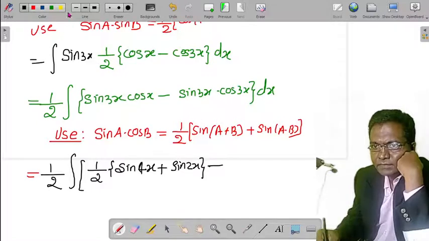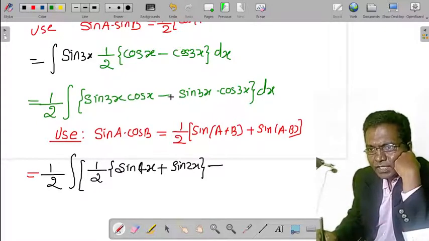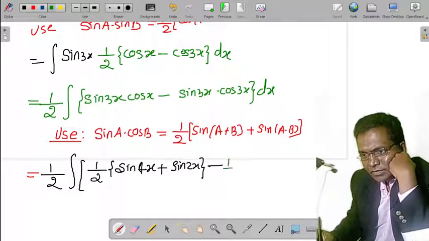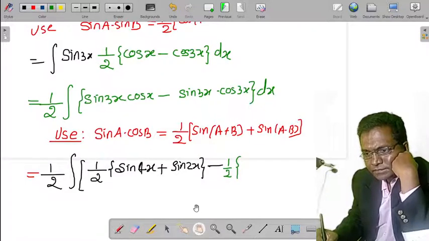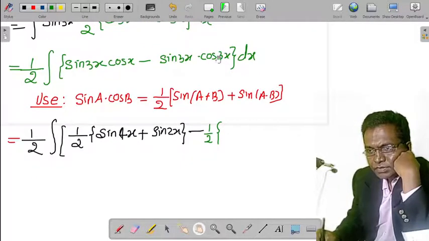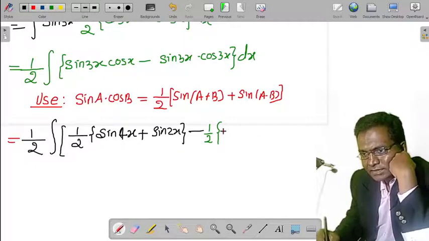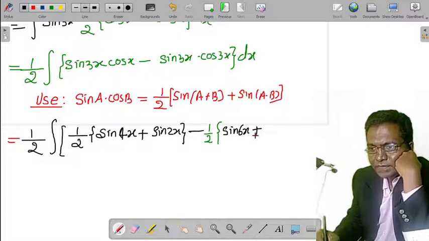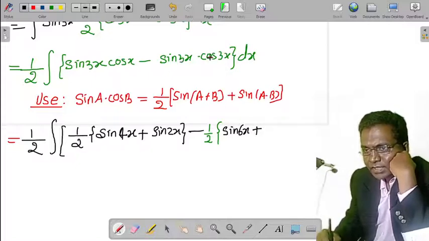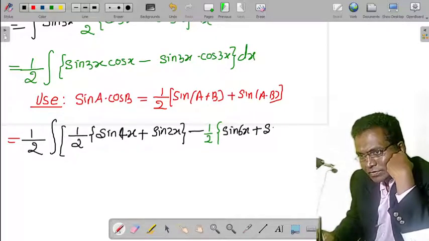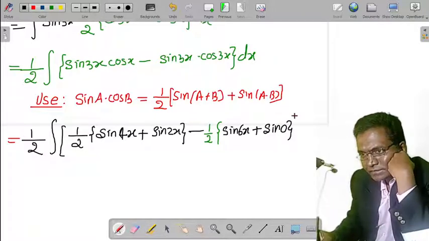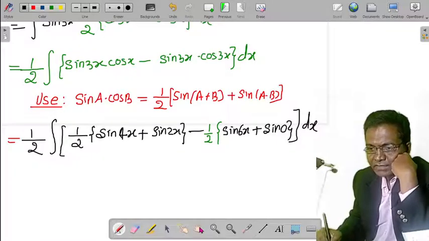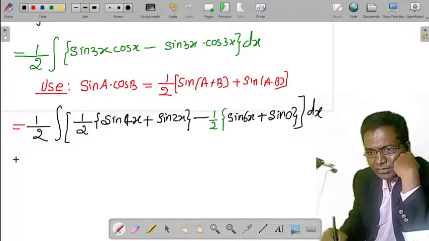Similarly for this, 1 by 2 outside, 3x plus 3x, that is sin of 6x, plus 3x minus 3x, you will get 0, so sin of 0, into dx.